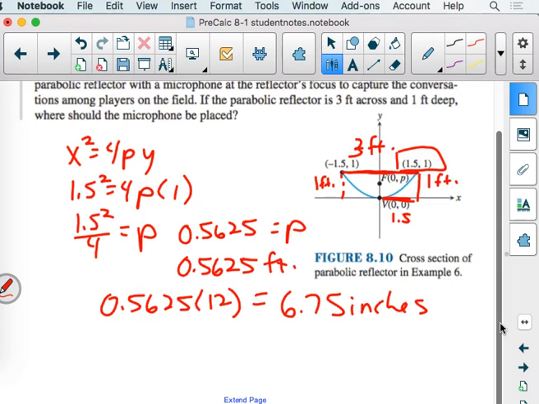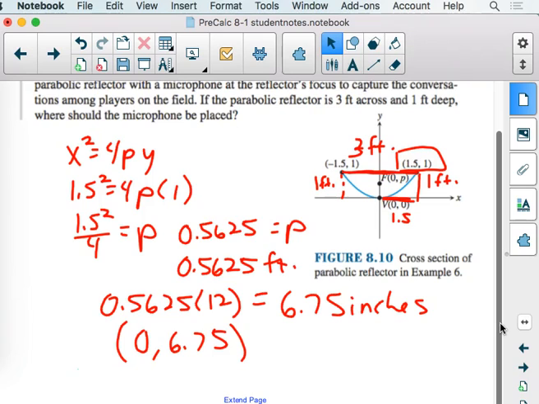Now we can't just say 6.75 inches. So there are 2 ways we could do this. We could reference our picture and say, okay, it's going to go at 0, 6.75. But what if you started yours by drawing this as opening to the right instead of opening up?